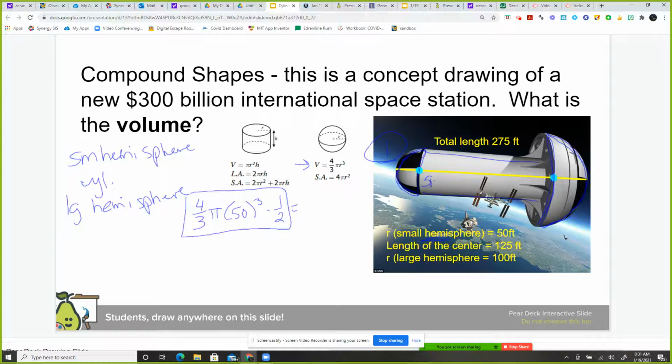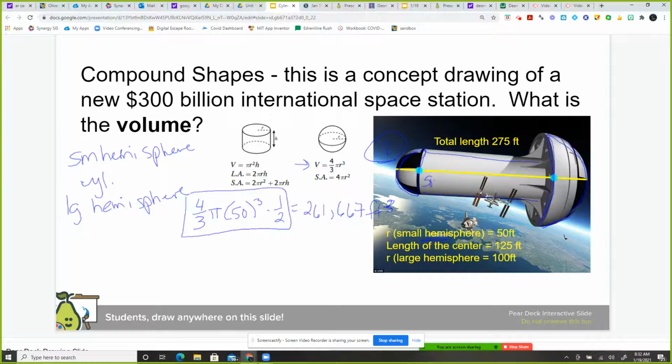I got a really big number. 261,660. I'm going to round it to the nearest whole number. And that's feet cubed. Right? Are you with me?